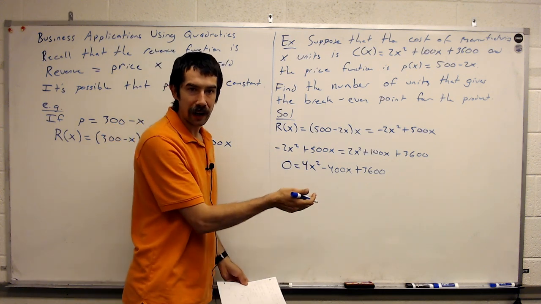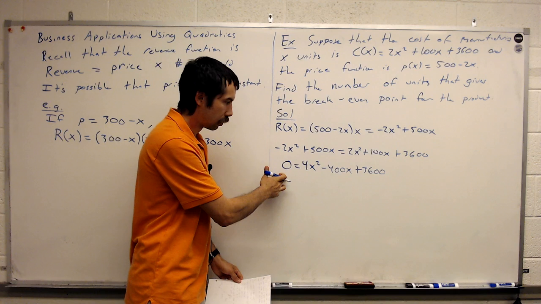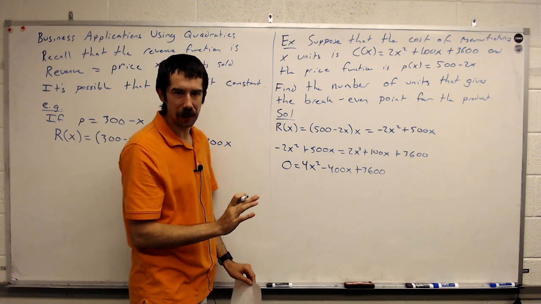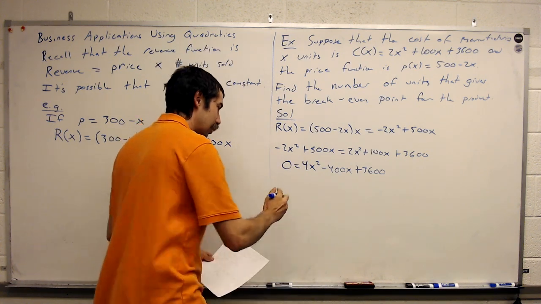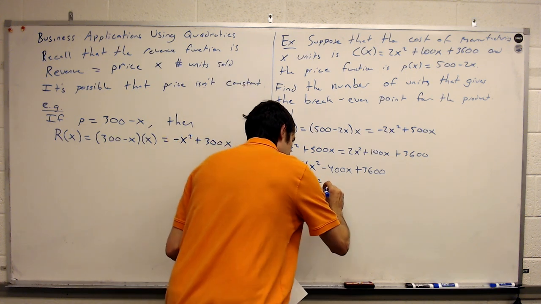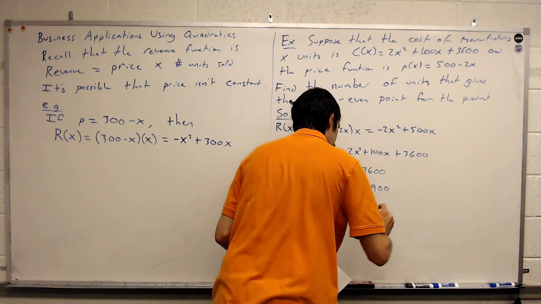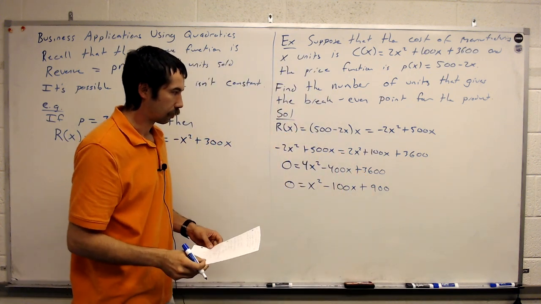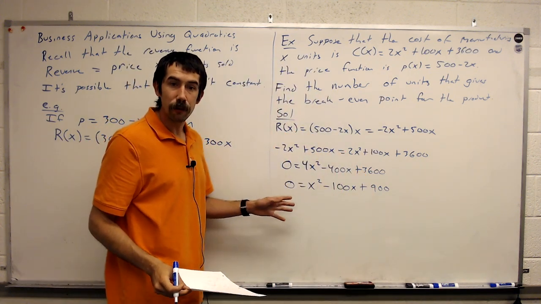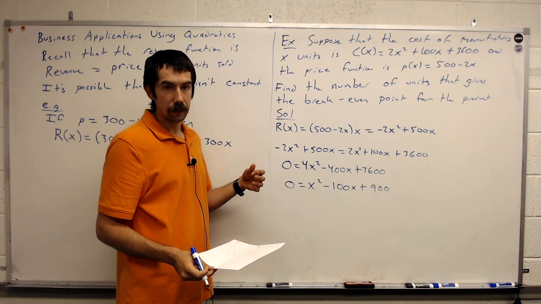All right, and we can try to factor this. I think the first thing we should do is divide both sides by 4, just to make our numbers a little bit smaller and easier to work with. All right, so we have 0 equals x squared minus 100x plus 900. And we could solve this quadratic either using factoring or the quadratic formula.